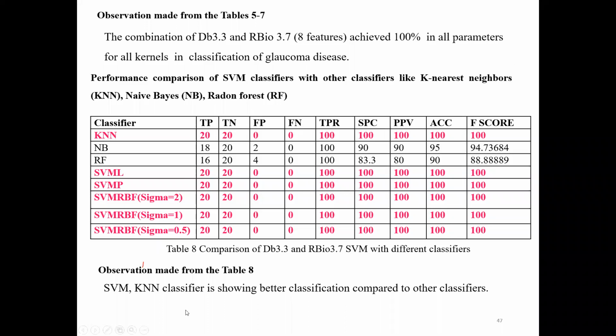And you observe from this table that the support vector machine and K nearest neighbor classifiers, SVM and KNN, show better classification compared to other classifiers. That's why they are highlighted. They are doing better than the random forest and naive Bayes, NB and RF. That's why they are highlighted here.